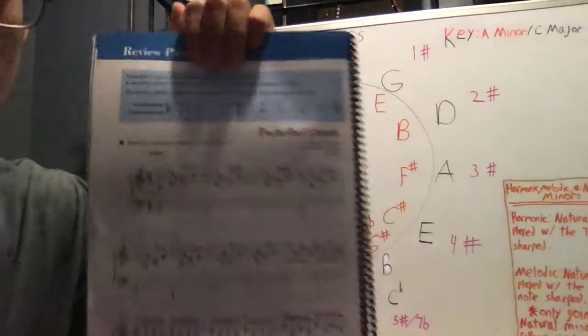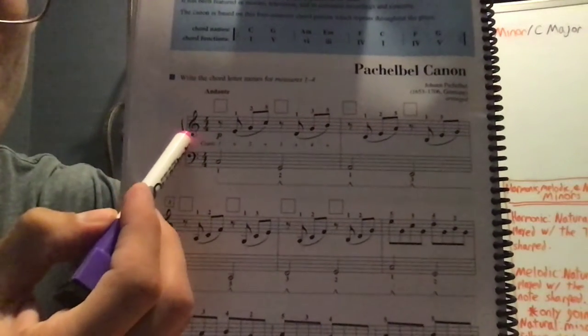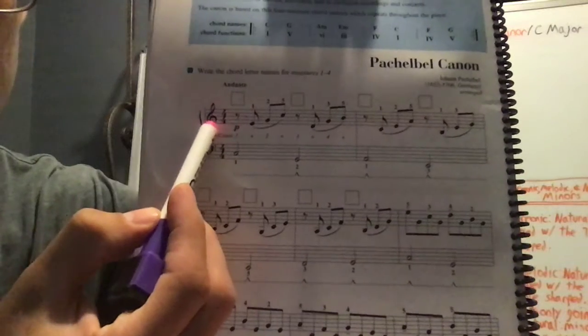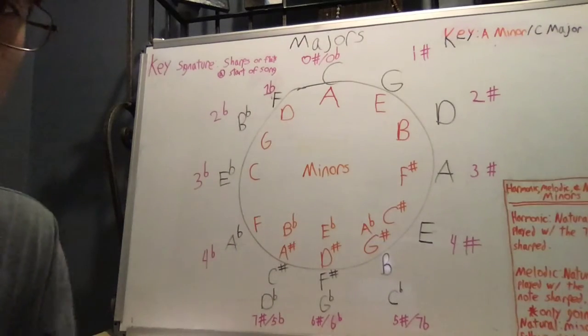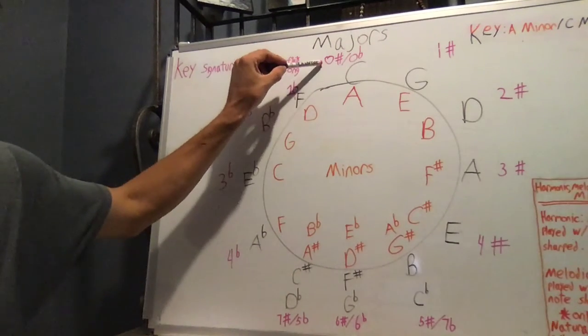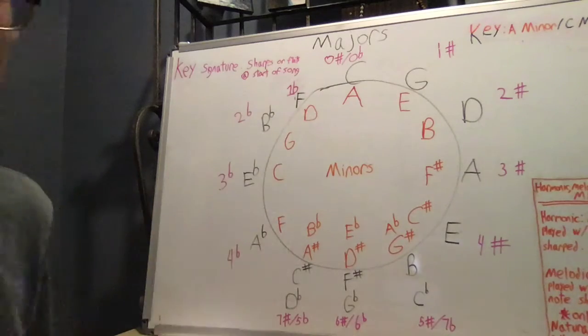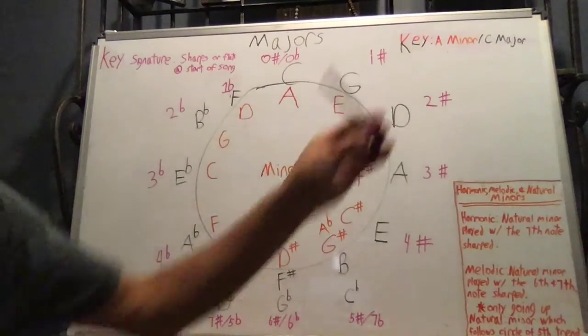So here we have Pachelbel's Canon, and we notice right here between the treble clef and the time signature is our key signature, which is 0 sharps, 0 flats. So that is the key signature. The key, on the other hand, is where we go and name it.